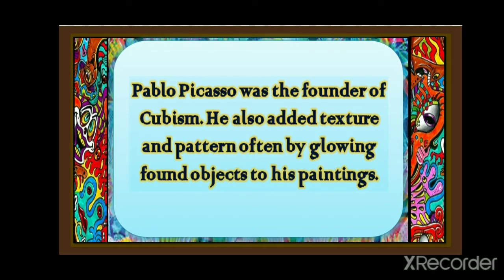Pablo Picasso was the founder of Cubism. In his paintings were different arrangements of the bits and pieces of the subject, with texture and pattern. He also added found objects to his painting.